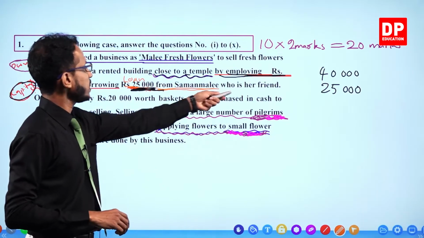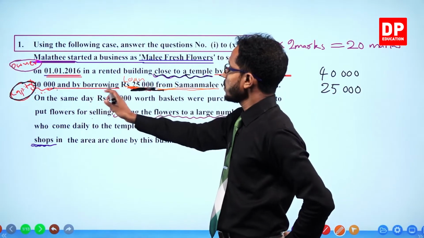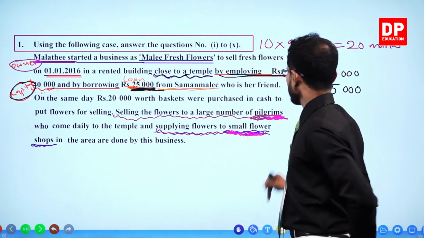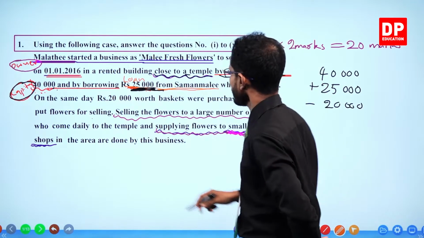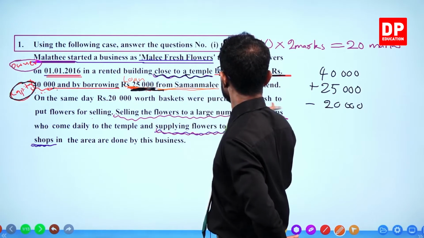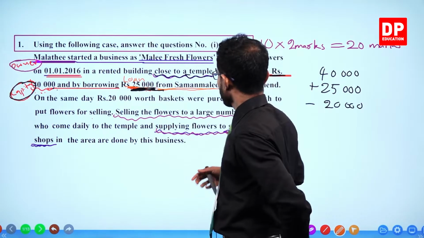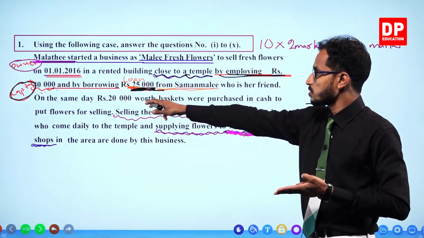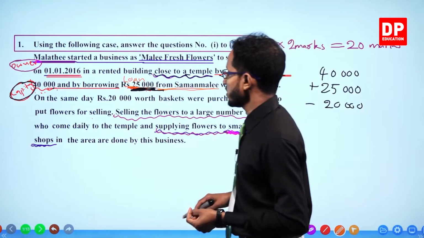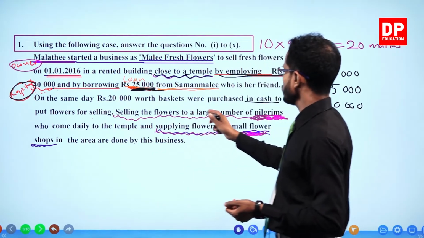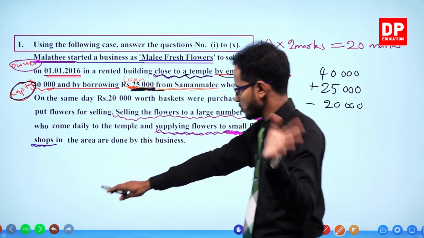After 25,000 was taken, again the same day 20,000 worth of baskets were purchased. This is plus, 20,000 minus, baskets were purchased for cash. Cash goes out. Minus selling the flowers to pilgrims and other small flower vendors. No more information there.